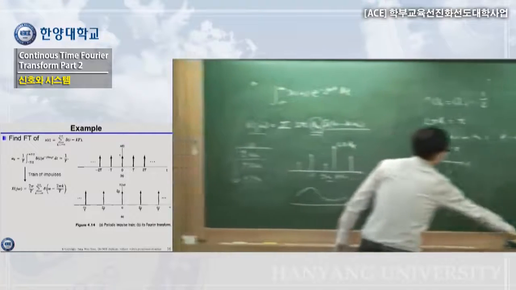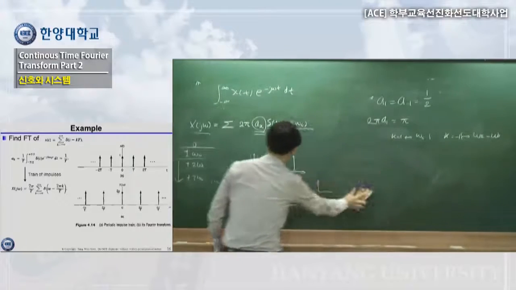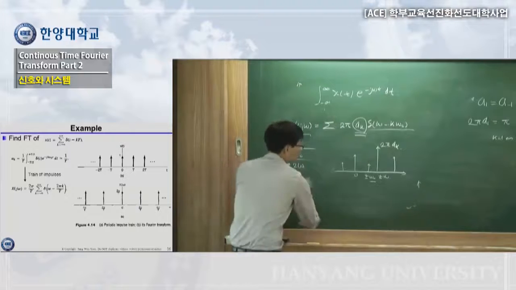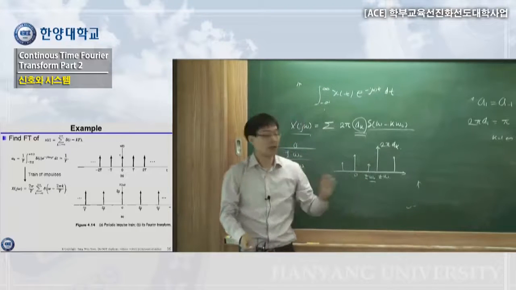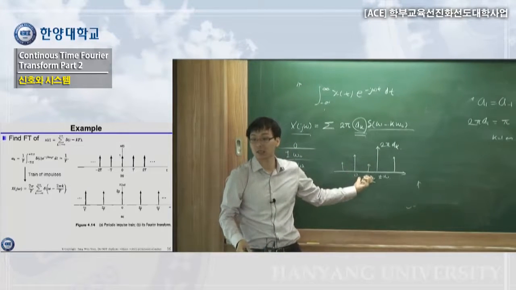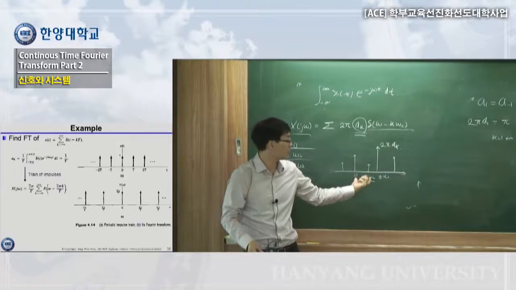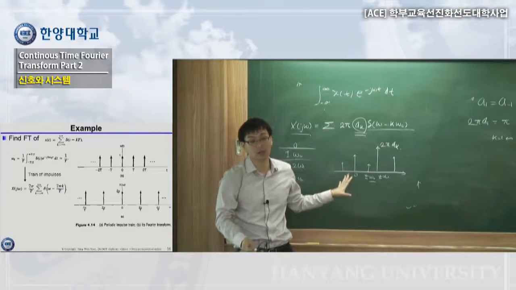You can think of it this way: to draw it, we need two things, amplitude and spacing. If you know the spacing and the amplitude, you can follow everything.